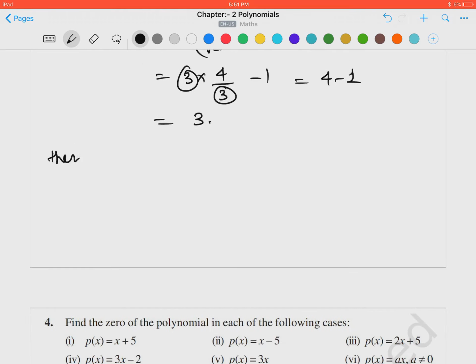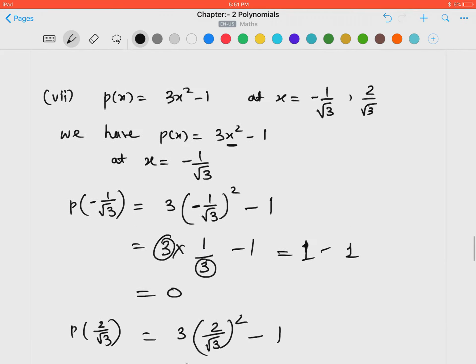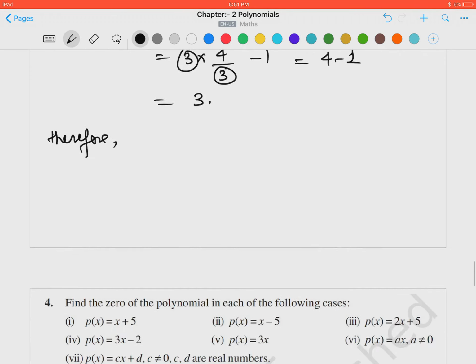So I'll write, therefore, the first one is a zero of the polynomial while the second one is not.